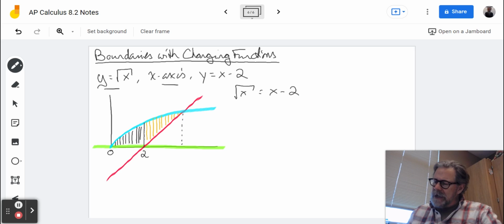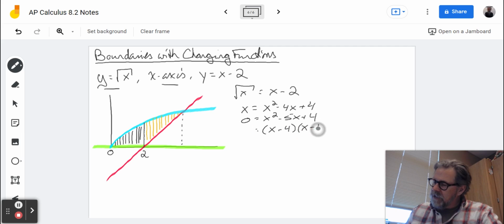And this is a little bit trickier, but we can square both sides and get x equals x squared minus 4x plus 4. 0 equals x squared minus 5x plus 4. And we get x minus 4, x minus 1. And so we know that these two curves will intersect at x equals 4 and x equals 1.